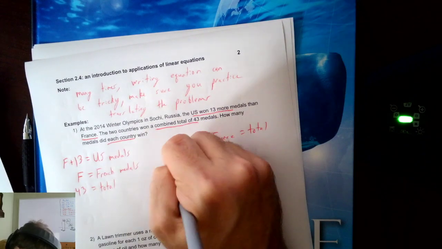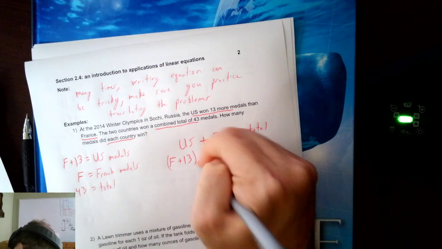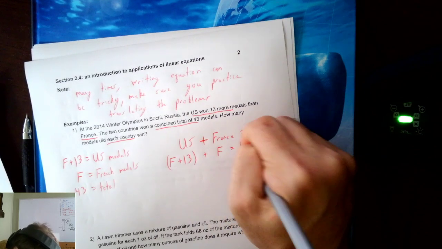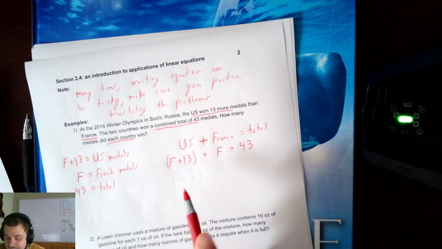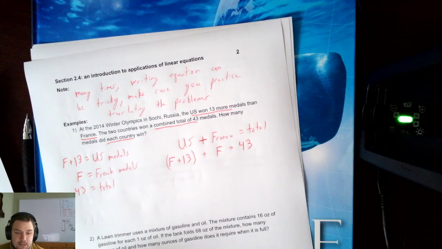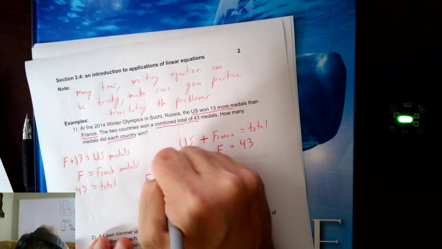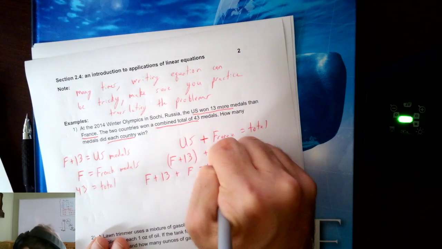Well, the U.S. is represented by F plus 13, and France is represented by just F, and the total is 43, right? I didn't need these parentheses, but I put them in to remind myself that that whole chunk was for the US, right? So let's drop them out of there. F plus 13 plus F equals 43.